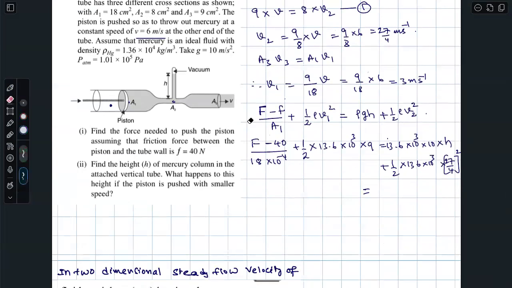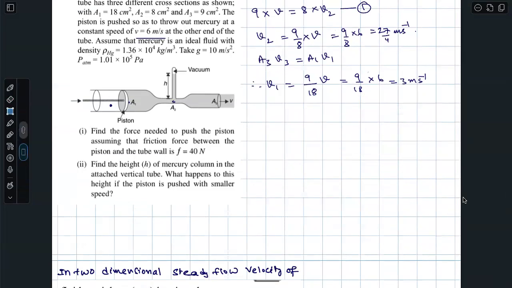I have another option. No, I'll explain. I have the best option here. Instead of working like this, I'll compare at these 2 points. That is best for me.